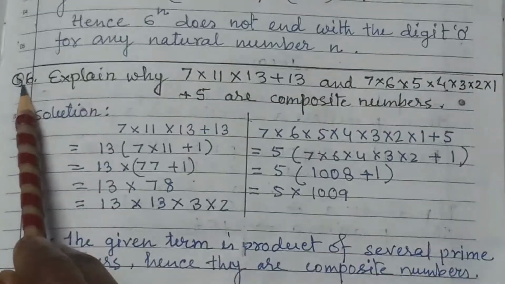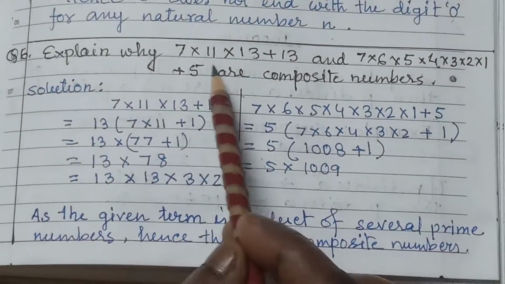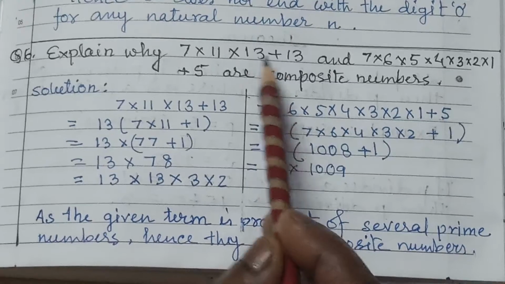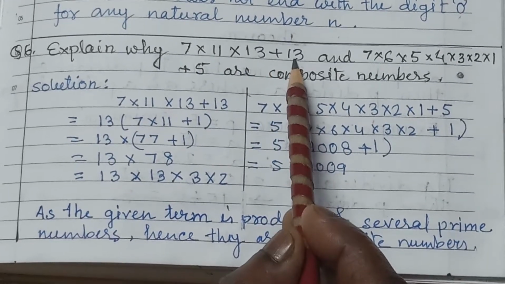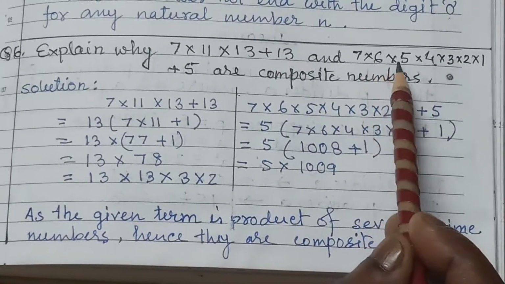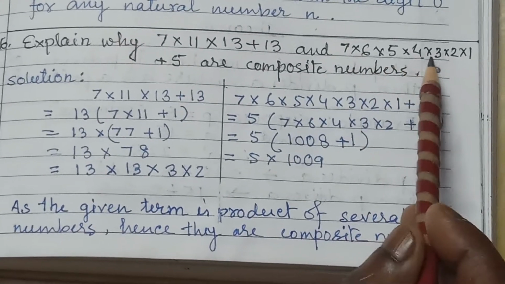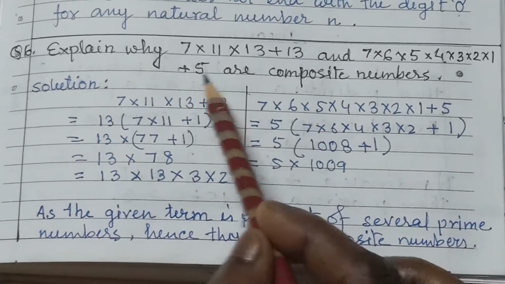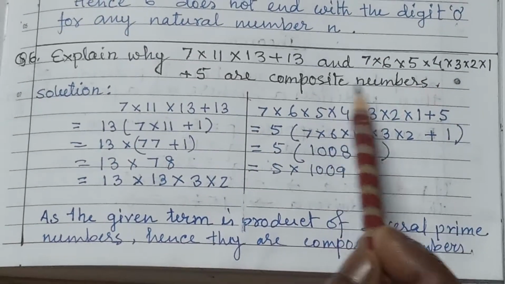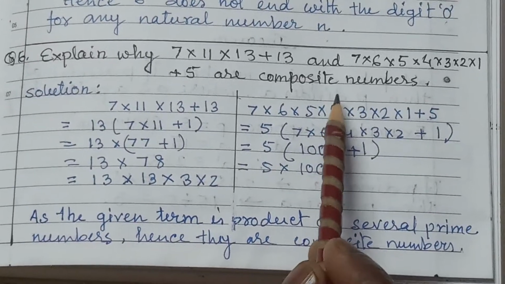Next, question number 6. Explain why these are composite numbers. These are all in multiplication form: 7 into 11 into 13 plus 13, and 7 into 6 into 5 into 4 into 3 into 2 into 1 plus 5. With these terms, we have to prove that they are composite numbers.